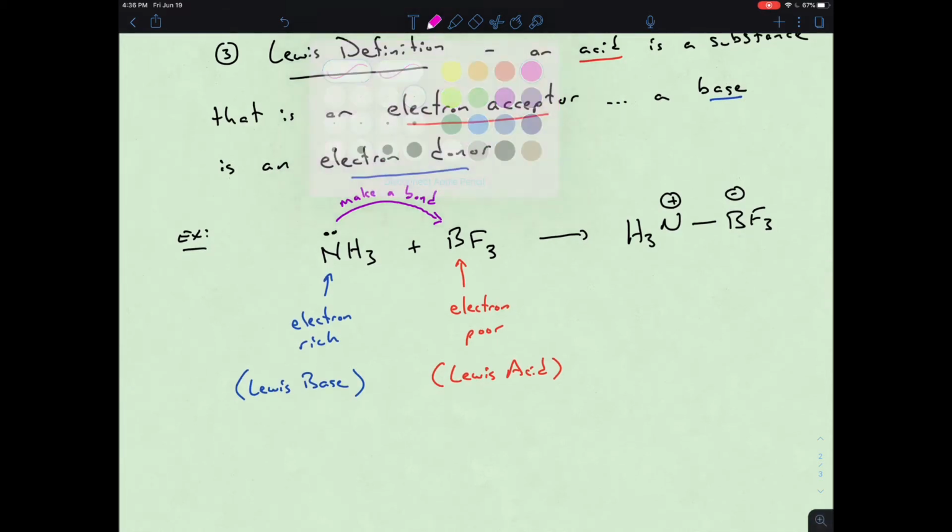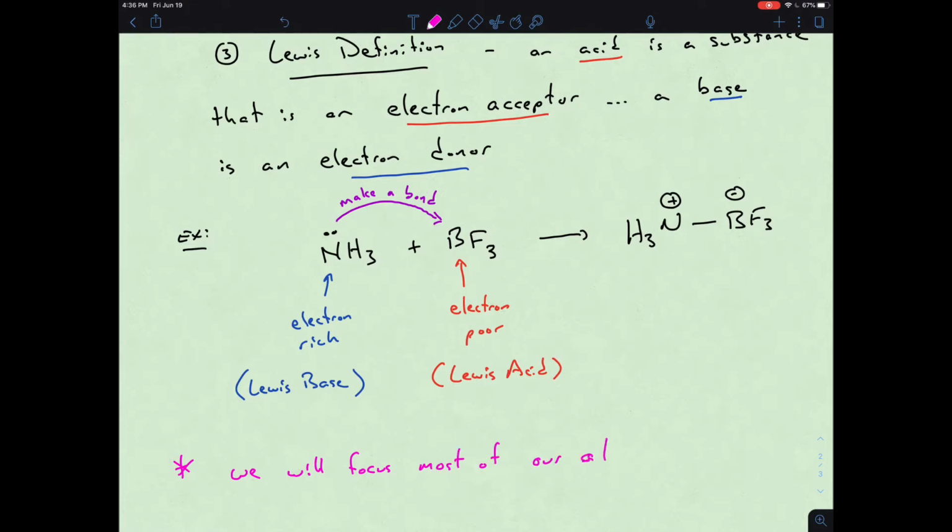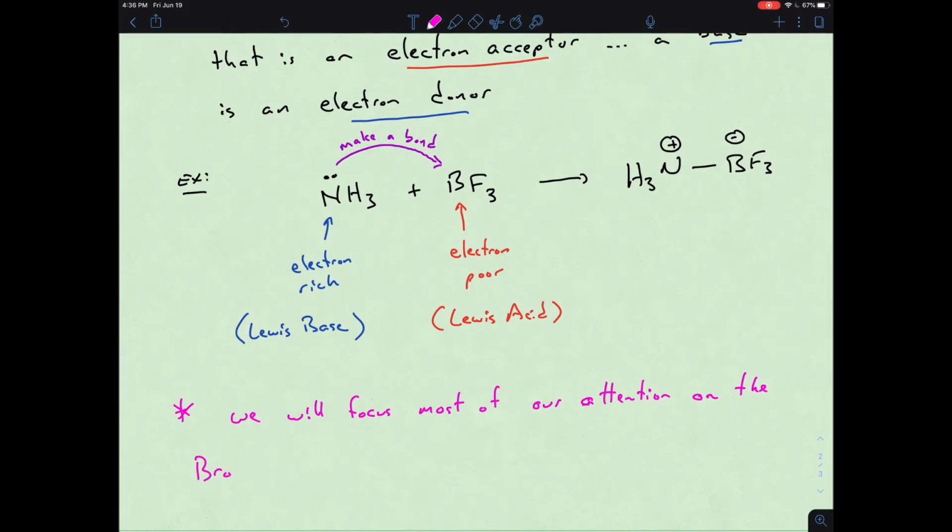As far as the class is concerned, we will focus most of our attention on the Bronsted Lowry definition. So that's mostly what we are going to be looking at.